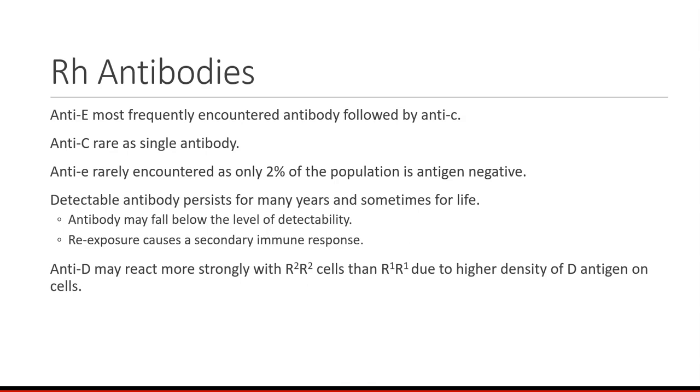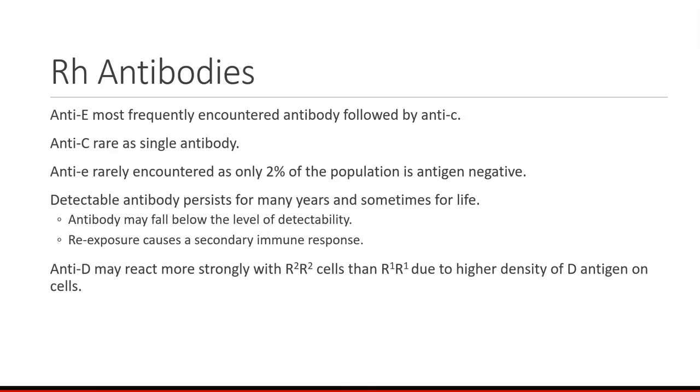So this is why when we get into antibody identification, the patient's history is so crucial. If a patient is ever labeled as having an antibody, an immune antibody, for the rest of their life, they must get antigen-negative blood. Anti-D may react more strongly with R2-R2 cells than R1-R1 due to the higher density of the D antigen on the cells.